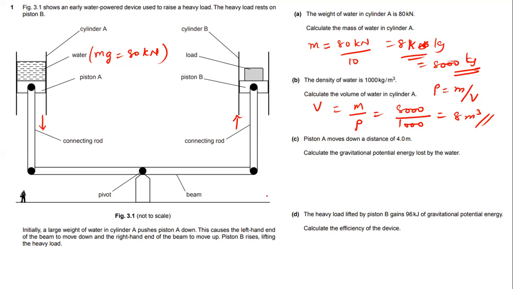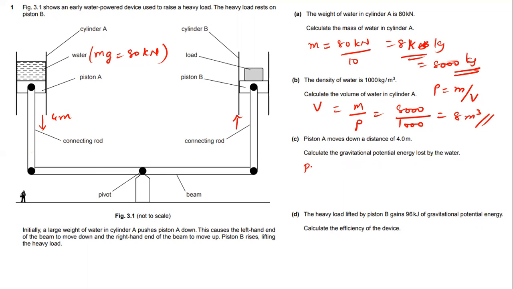Then piston A moves downwards by a distance of 4 meters. So this moves by a distance of 4 meters. Calculate the potential energy lost by the water. What is the loss of potential energy here? How do you calculate the potential energy?